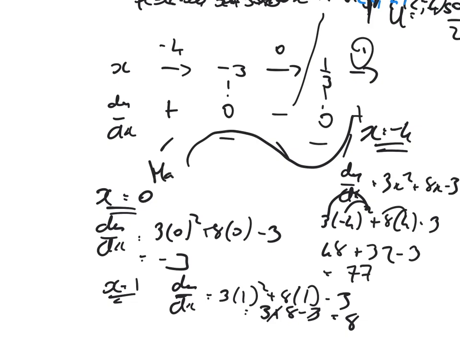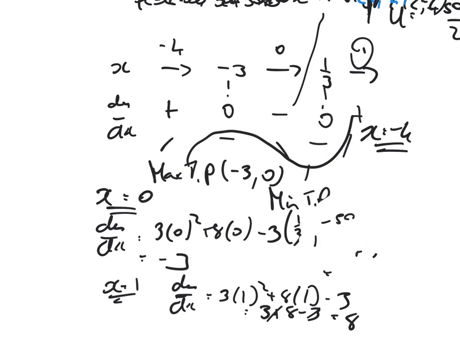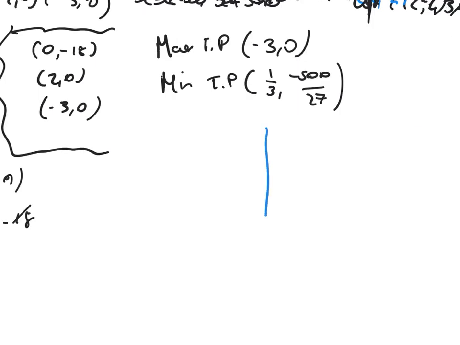So it's a max turning point at (-3, 0), and a min turning point at (1/3, -500/27). Okay, I can now set this up in a diagram. So 0, minus 18 may be around here.